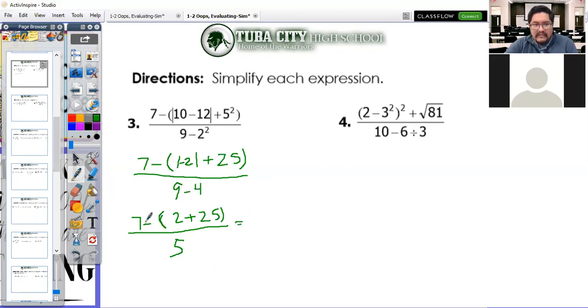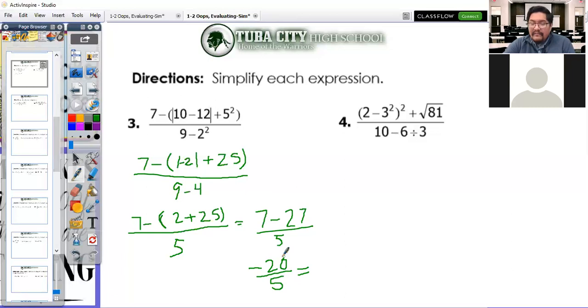And let's see, 7 minus, and then 2 and 25, put those together, you get 27. 7 minus 27. Now we have a larger number subtracting, so that means we're going to end up with a negative number. So -20 over 5.